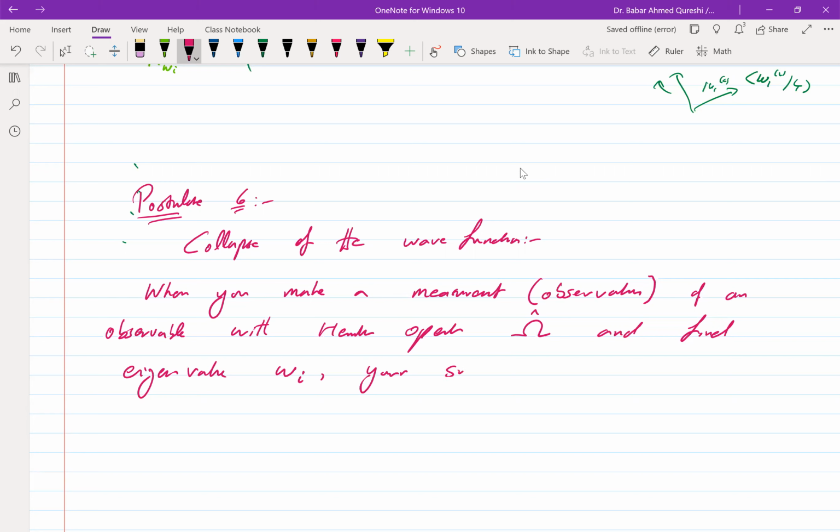Your system changes its state to Wi immediately after the observation.